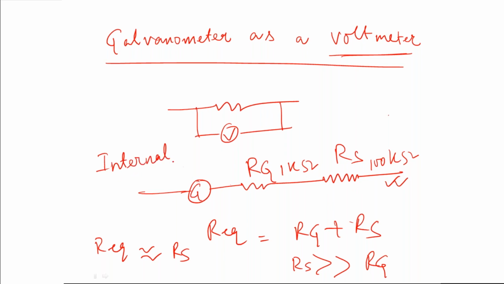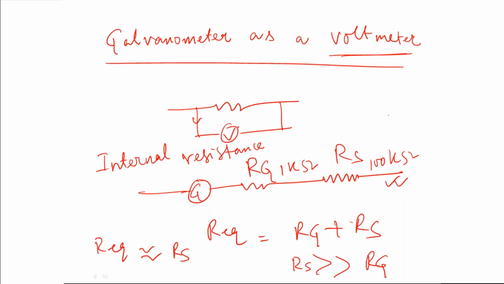So this huge internal resistance will not allow much current. Some current has to flow through this, but very little, which will not hamper the voltage across the other circuit element. If the current is very small, the voltage drop across the voltmeter or measuring device will not be larger than the voltage drop across the other circuit elements.